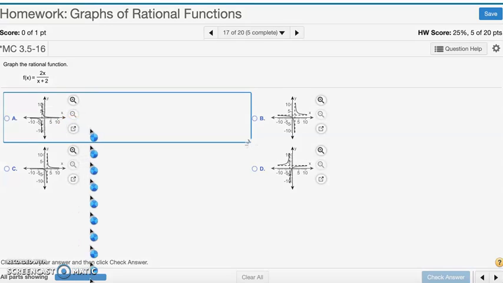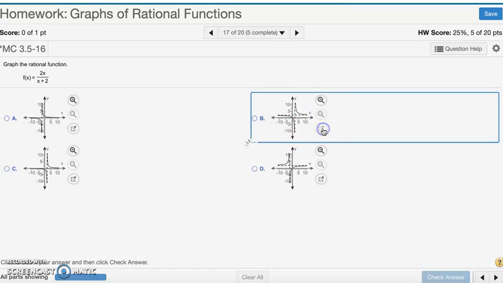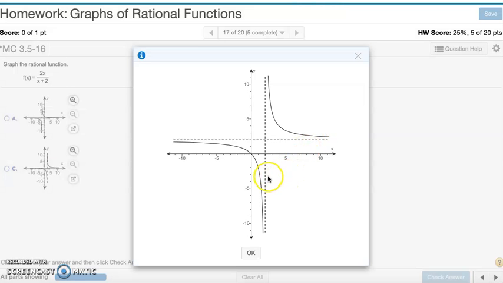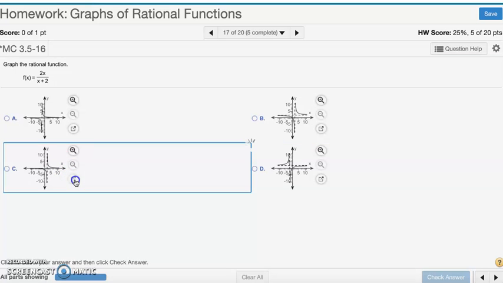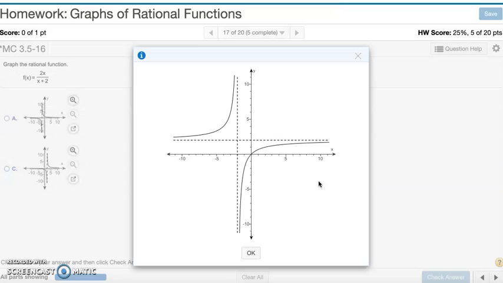So looking at A, it does have the vertical asymptote of -2, but its horizontal asymptote isn't 2, so it can't be A. Looking at B, B doesn't have the vertical asymptote at -2, so it can't be B. Looking at C, it also does not have the vertical asymptote at -2, so it can't be C. Looking at D, not only does it have the vertical asymptote at -2, it also has the horizontal one at 2, like we're supposed to have.